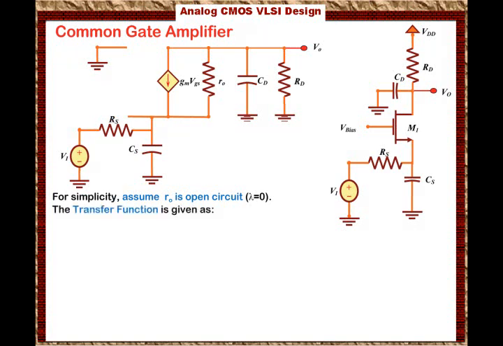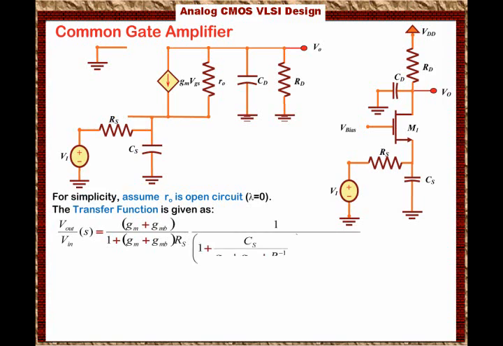Then the transfer function is given as follows. This is the gain as a function of S. Vout over Vin as a function of S will equal to Gm plus GmB. Keep in mind that we included the body effect here, divided by 1 plus Gm plus GmB times Rs, times 1 over 1 plus S times Cs over Gm plus GmB plus Rs inverse.